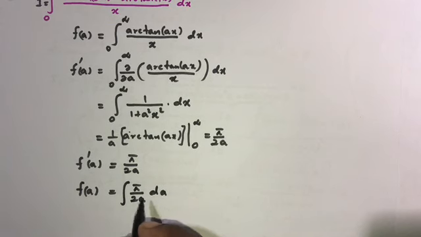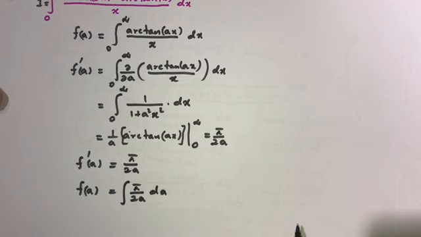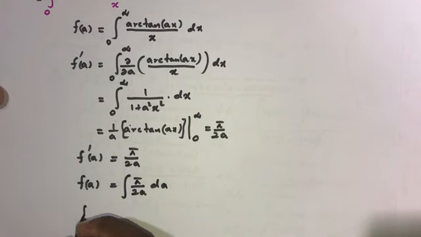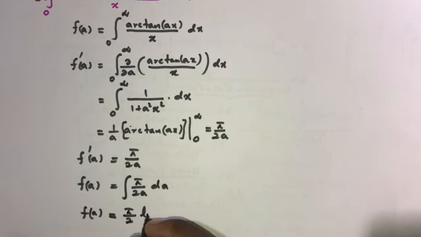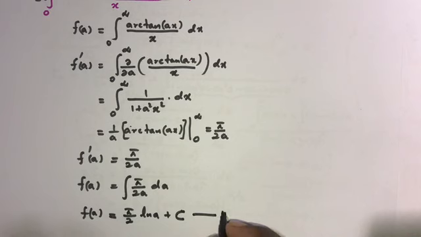Then we know pi over 2 is a constant, so we can write it outside. The integral of 1 over a is natural log of a, so f of a is equal to pi over 2 natural log of a plus a constant c. Okay, now I'm going to call this equation number 1.